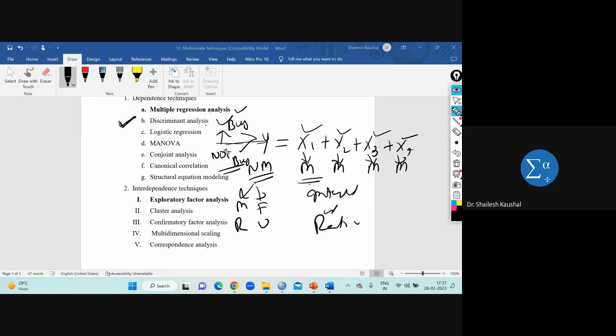We can classify our respondents into two categories. Same as we can classify our outcome variable like a successful employee or unsuccessful employee on the basis of several independent variables.